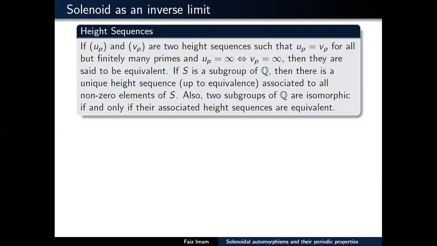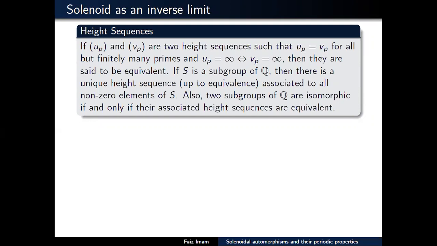If S is a subgroup of Q, then every subgroup of Q has a unique height sequence, up to the equivalence defined above, associated to all the non-zero elements of S. And two subgroups of Q are isomorphic if and only if their associated height sequences are equivalent.